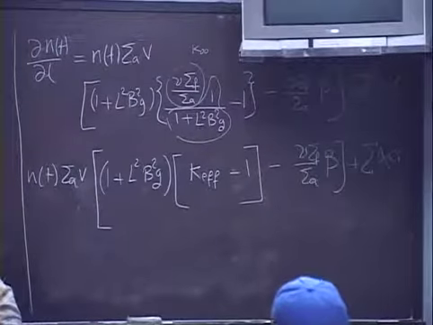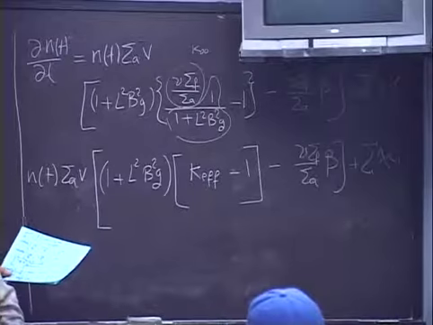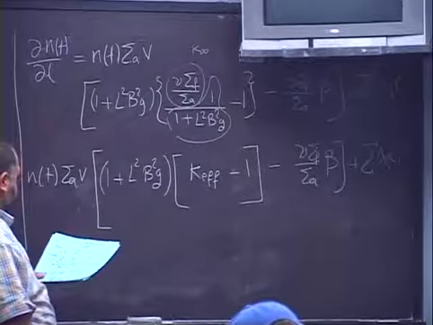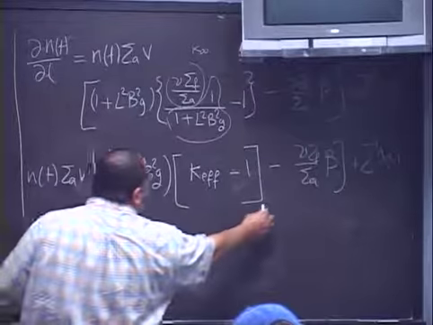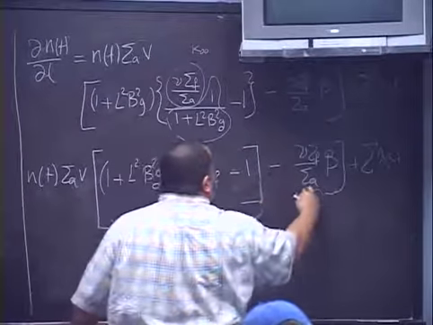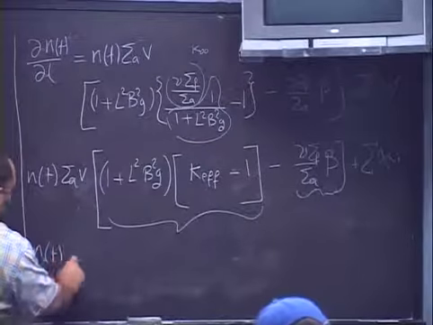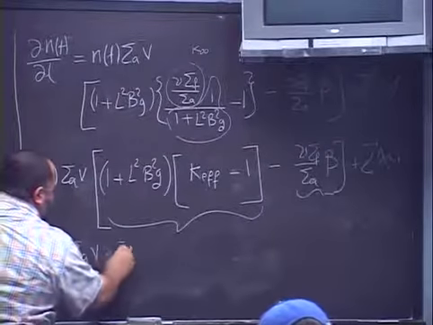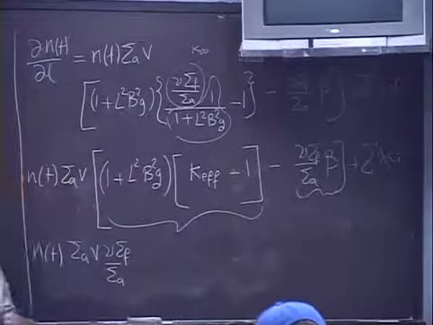Okay guys, if you take now from this side and from this side nu sigma fission over sigma absorption as a common factor, you will end up with N of t sigma absorption V, and you will take nu sigma fission divided by sigma absorption out.